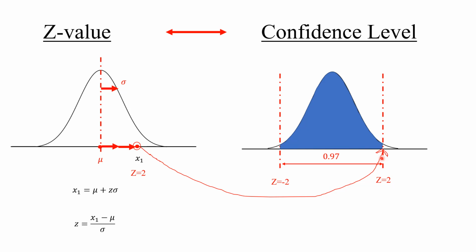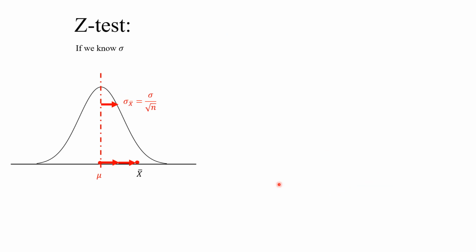It's not 100% because the data could be at each tail of our distribution, but we are confident that 97% of data would fall between z negative 2 and 2. So for every z-value there is a confidence level, and for every confidence level there is a corresponding z-value.